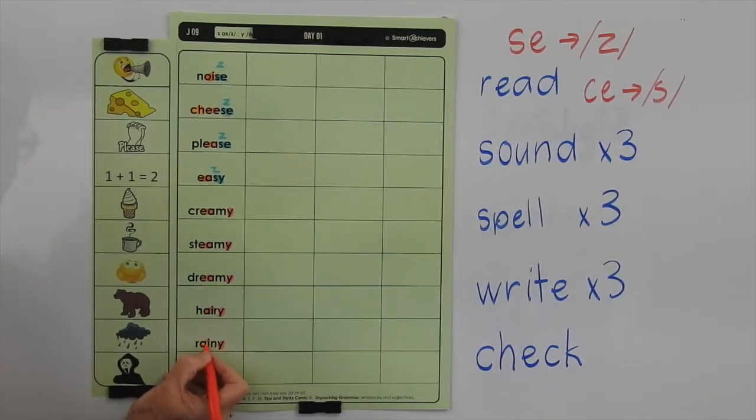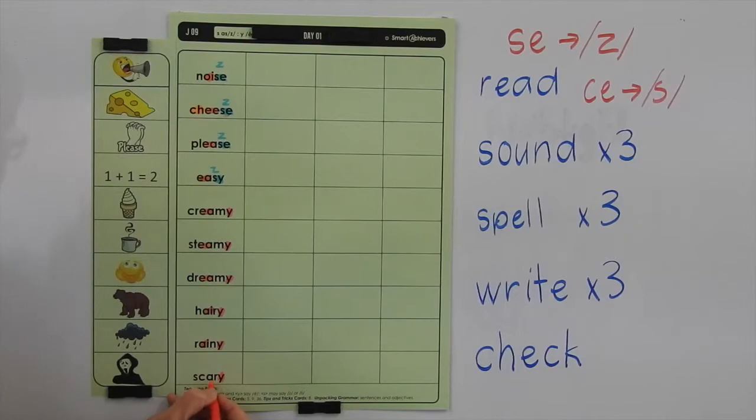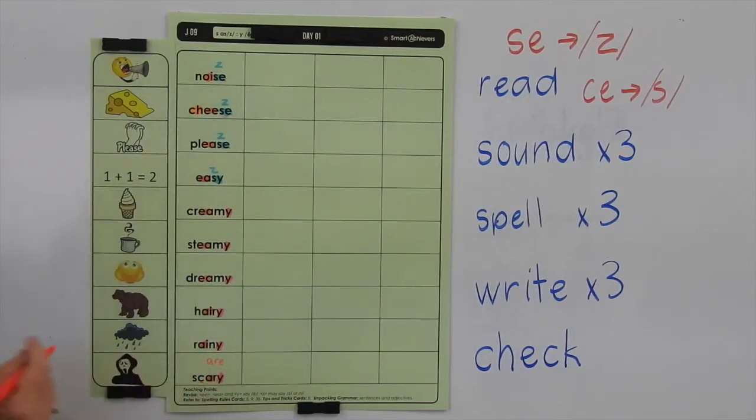Here we've got the A sound represented by AI, and here we've got the R sound. But it's saying scary because it comes from the word scare, which we would use the A-R-E, but we changed the E to a Y to make it say scary. Now we know to use a C before an A for the k sound, so that's another revision on that. We've dealt with quite a bit in the past.